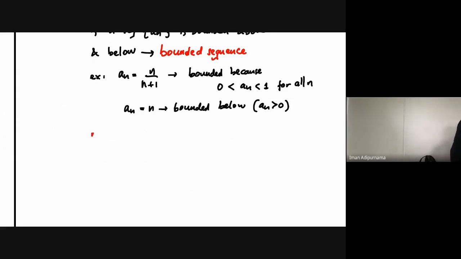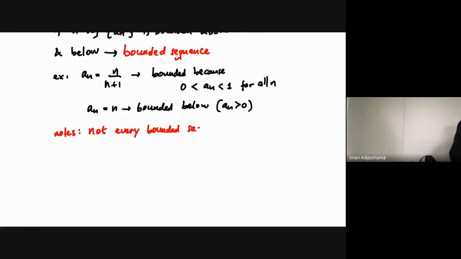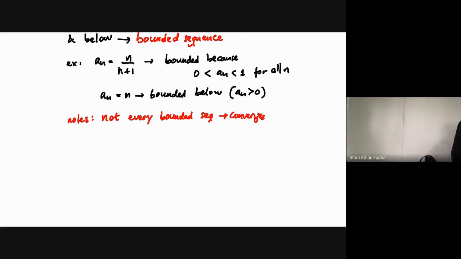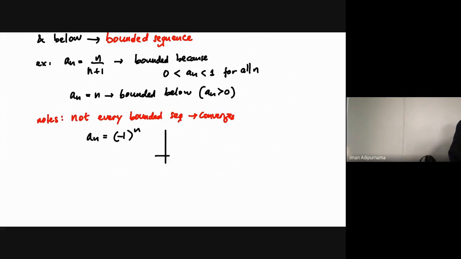But note, not every bounded sequence converges. For example, a_n equals (-1)^n is bounded between these two points here, right? Up and down, but it's not convergent.